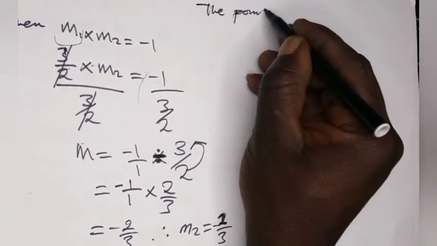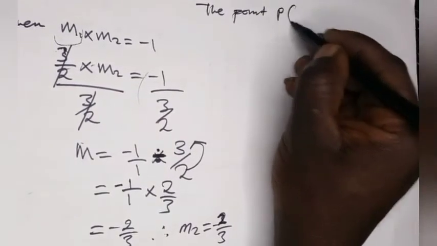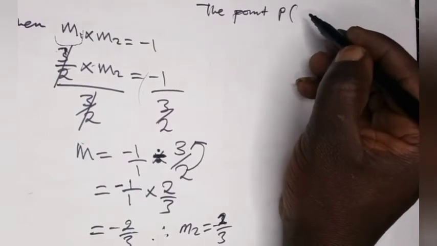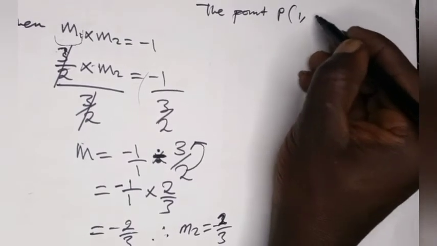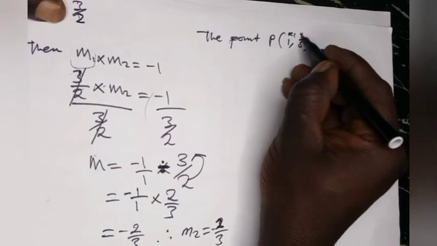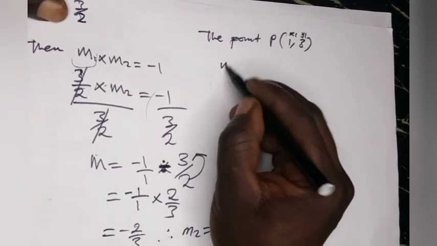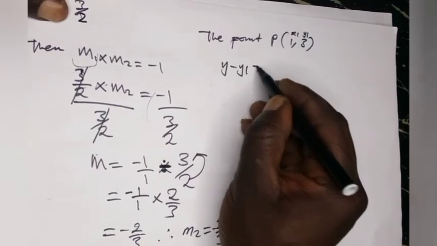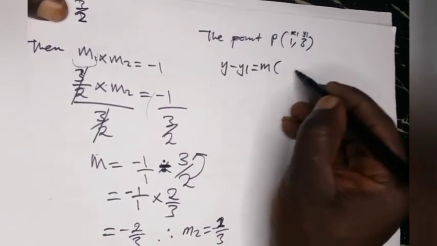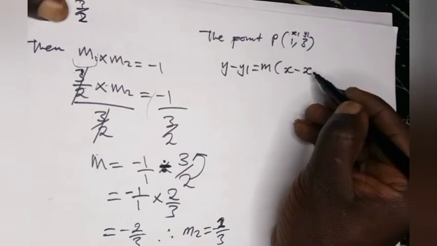Then the point we have been given, P, which is (-1, 3), x1 and y1. So y minus y1 equals M, which is the gradient, times (x minus x1).